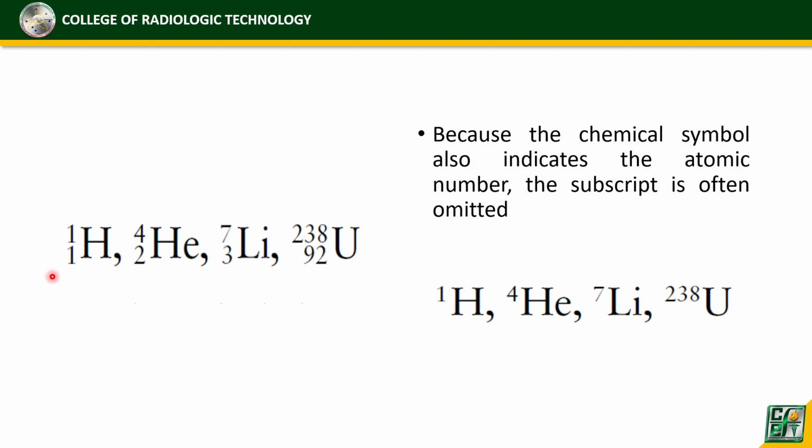Subscript means the one at the bottom, normally omitted. So this is what we commonly read or see as sample symbols: hydrogen 1, helium 4, lithium 7, and uranium 238.